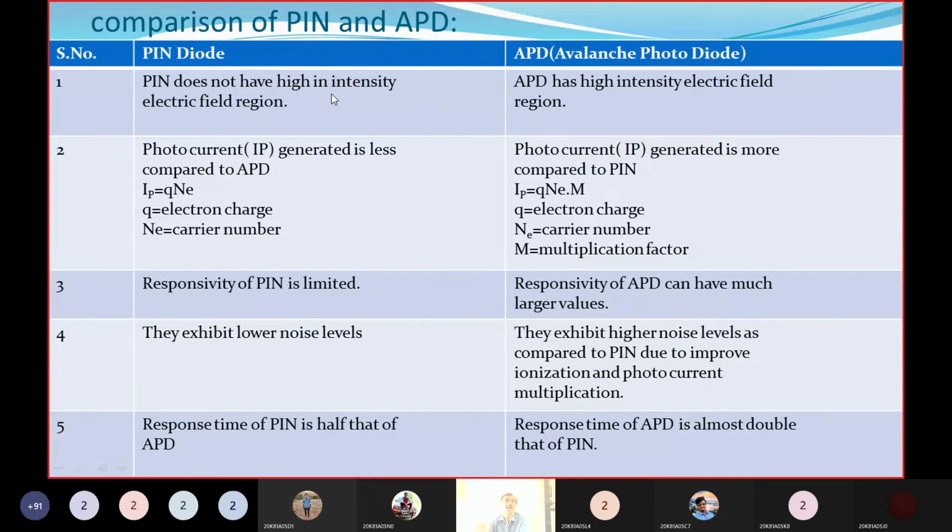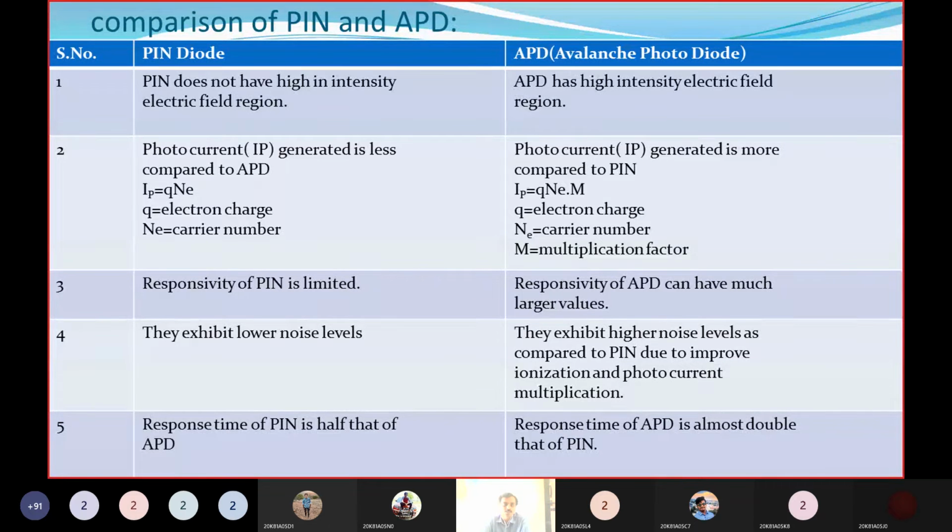There is no high electric field intensity. But the APD has a high intensity electric field region within the photodiode.